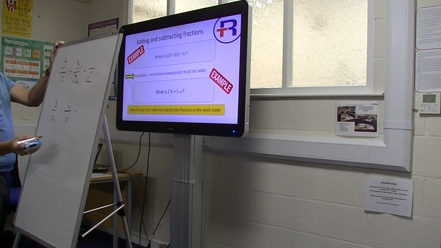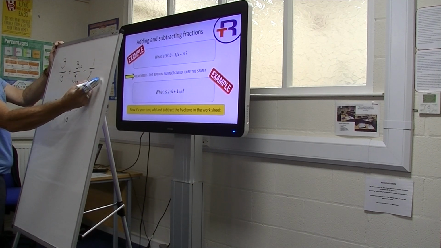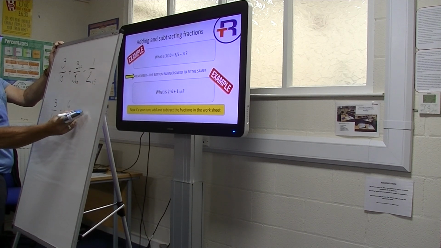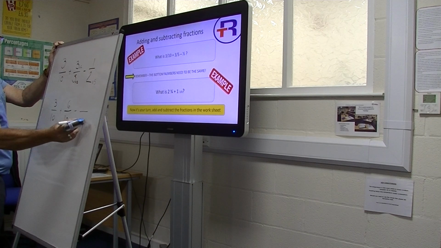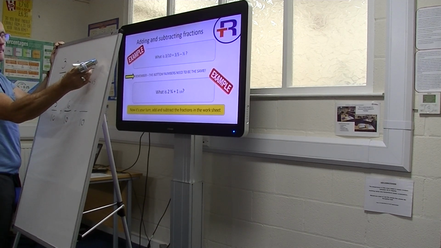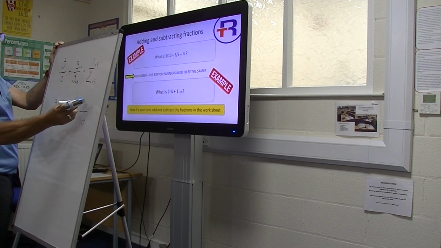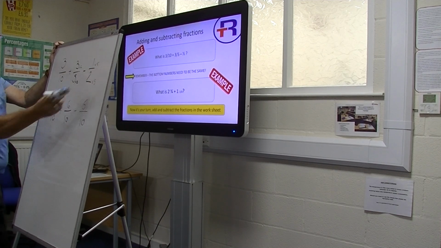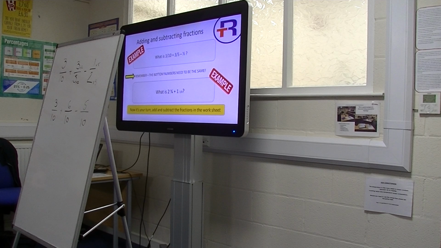There's the subtraction sign. That 2, I need to make it into a 10. I'm going to times it by 5. 2 times 5 is 10. Whatever I've done to the bottom, I've got to do to the top. 1 times 5 is 5. Now when we look at it, tens, tens, tens, perfect.